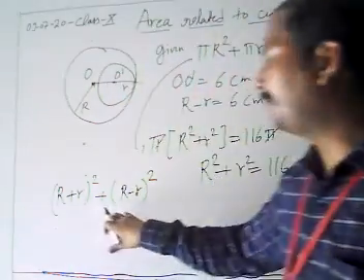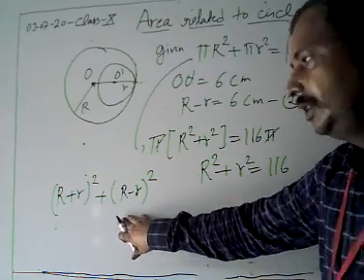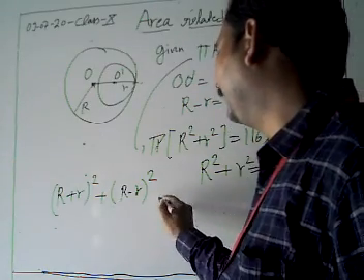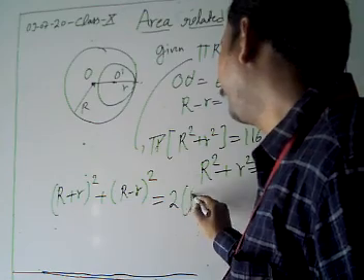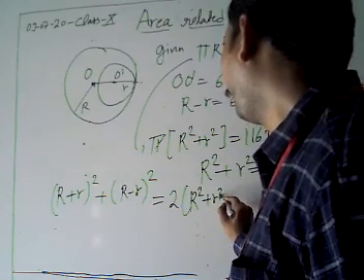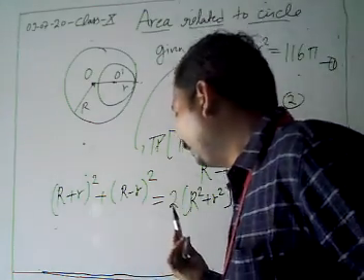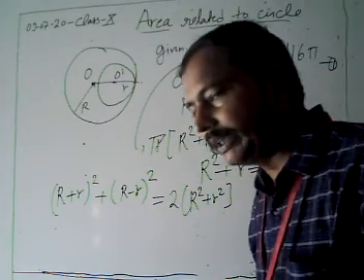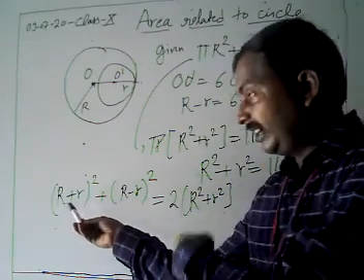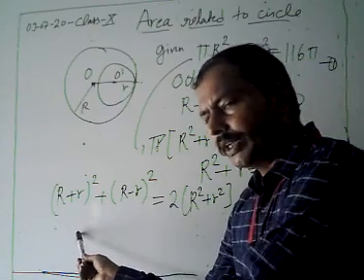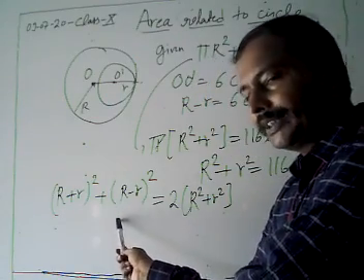What is the value of (R plus r) square plus (R minus r) square? When we add these, we get 2 times R square plus r square. You can check it: R square plus 2Rr plus r square, plus R square minus 2Rr plus r square.